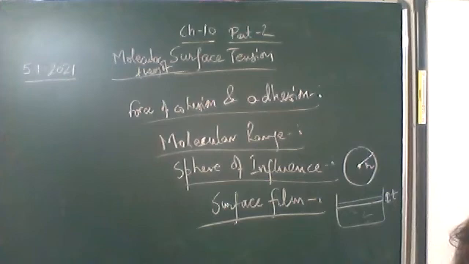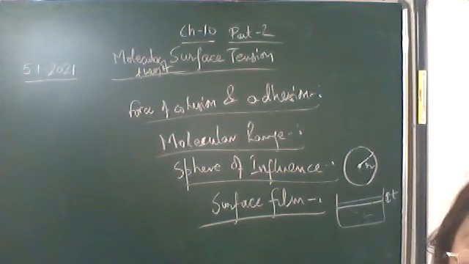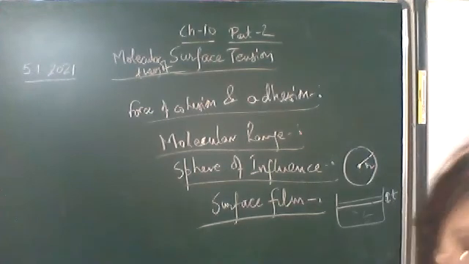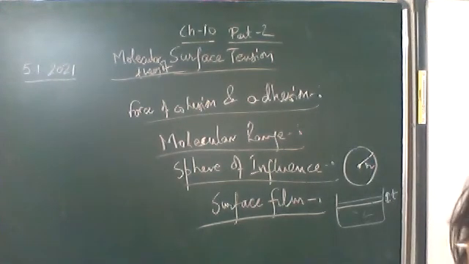Okay, before we discuss the molecular theory of surface tension, the first one is force of cohesion or force of adhesion. Force of cohesion is the force of attraction between two similar molecules.